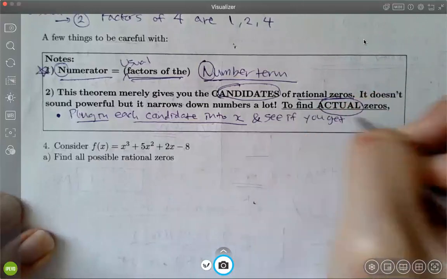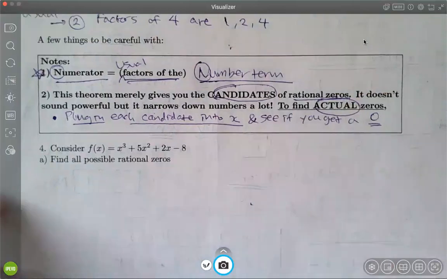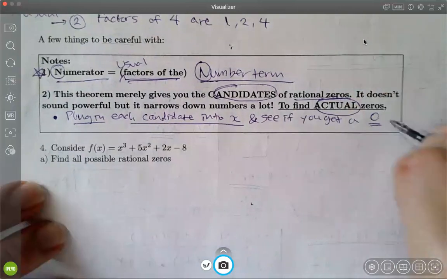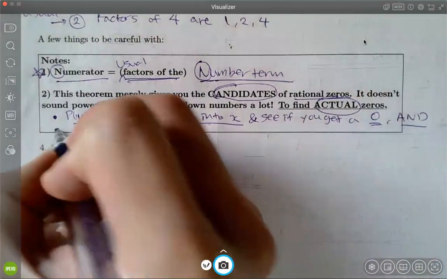Why is that? Because if you plug a number into x and get zero, that is a zero, which means an x-intercept. And then use synthetic division.